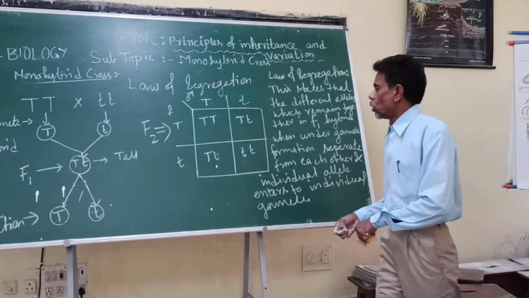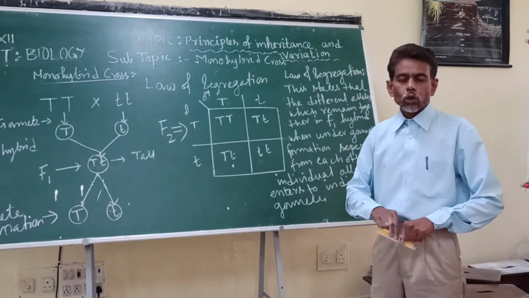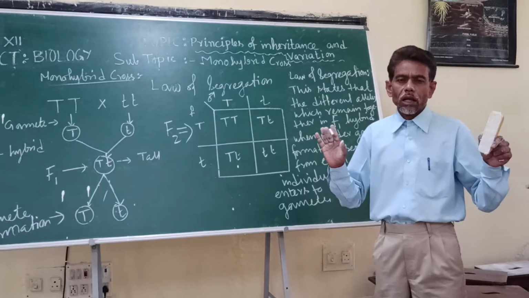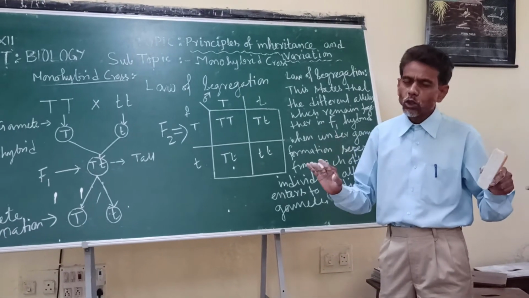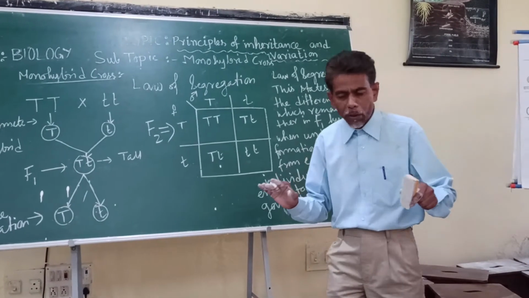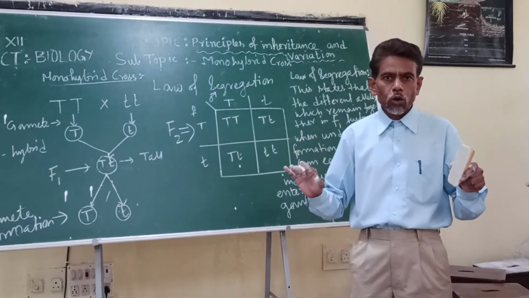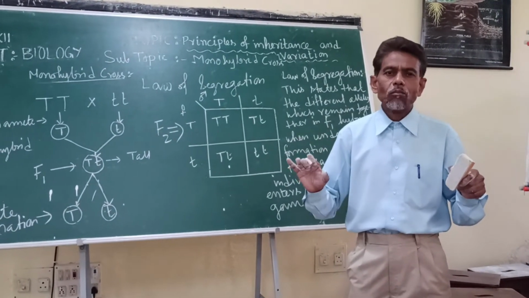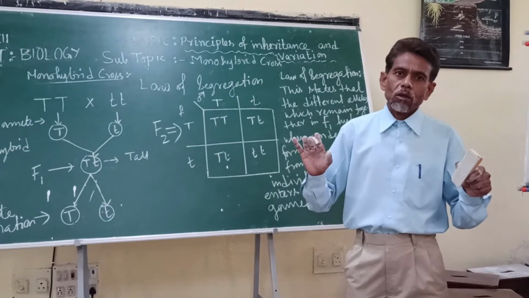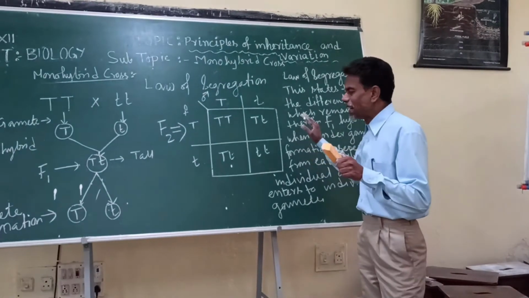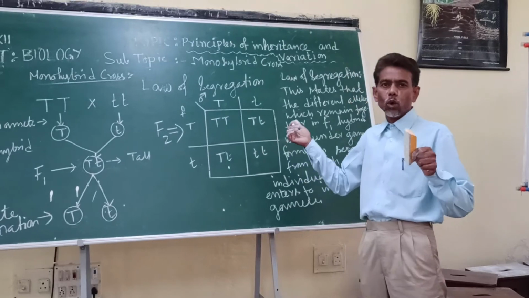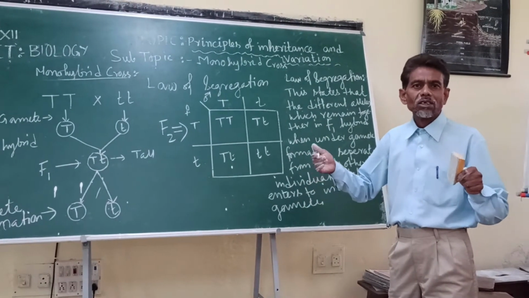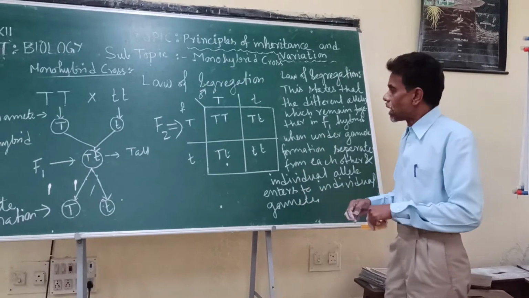Yes. So by this time we have come to know the Mendelian monohybrid cross, its different aspects and the outcome of the Mendelian monohybrid cross, and from where Mendel came to the principles which today we know in the form of laws, that is law of dominance and law of segregation.